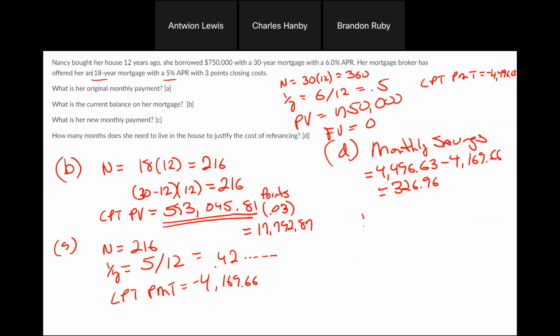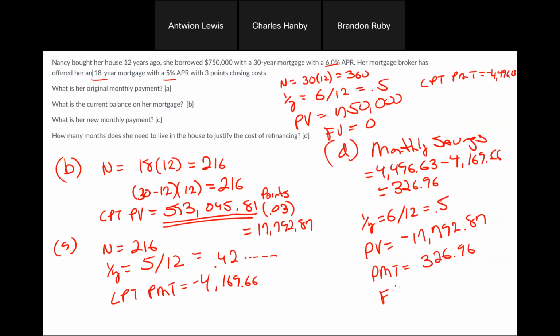So I/Y is 6 divided by 12. Again, I use the original rate, so that's 0.5. PV is the points that you're paying, and I enter that as a negative 17,792.87. Then your payment is your savings, 326.96, and future value is 0.